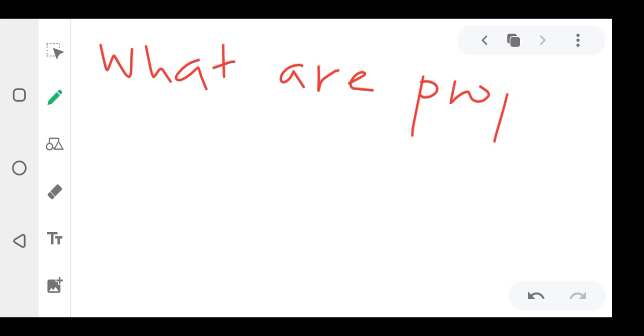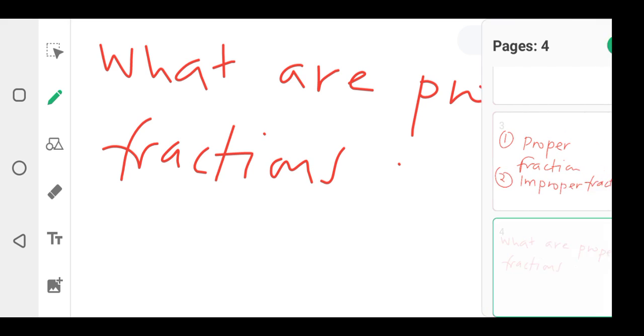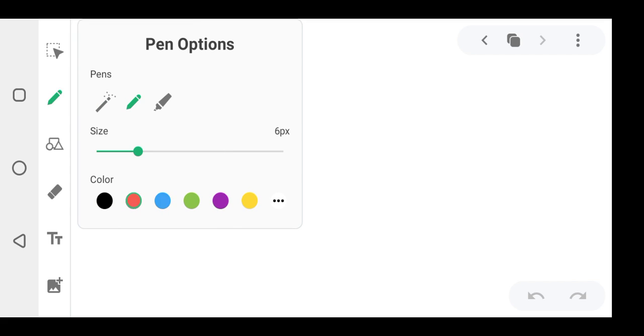So, what are proper fractions? Okay, how do you know this is a proper fraction? Very simple. For example, if I write a number like 3/4, this is a proper fraction.